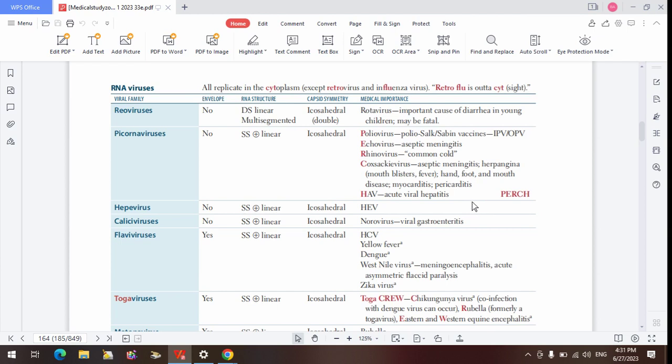The reason why we are emphasizing the palm and the sole is that most of the rashes in the body spare the palms and the soles. The ones that are notorious for affecting those are those three that we have talked about. But I am sure that secondary syphilis can cause hand, foot, and mouth disease, as well as Coxsackie A. So syphilis and Coxsackie A can cause hand, foot, and mouth disease.